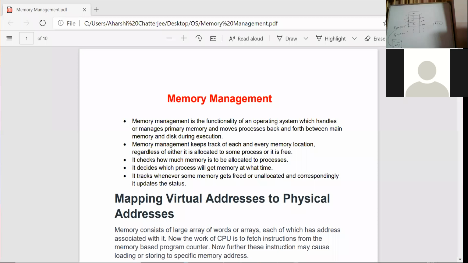So to control this procedure in a systematic manner, an operating system should have all the informations about the primary memory.